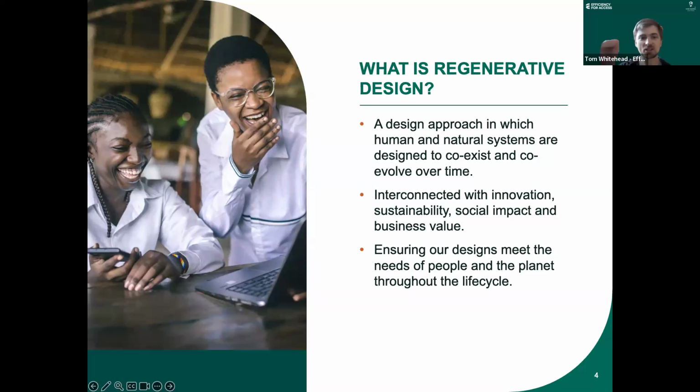So it's going to touch on all of these different areas. But essentially, this is about ensuring that our designs meet the needs of people and the planet throughout the life cycle. So if there's one thing you leave with today, it is: how can I, with my design, meet the needs of people and the planet throughout the life cycle.